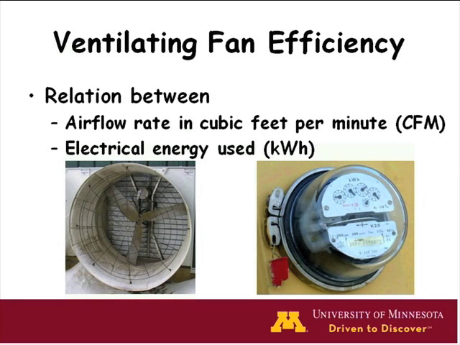Another thing that's important in picking fans and working with fans is the ventilating fan efficiency. This is the relationship between the airflow rate, again in cubic feet per minute, and the electrical energy that is used. As you would expect, we would like to have a very good or a high fan efficiency rating.